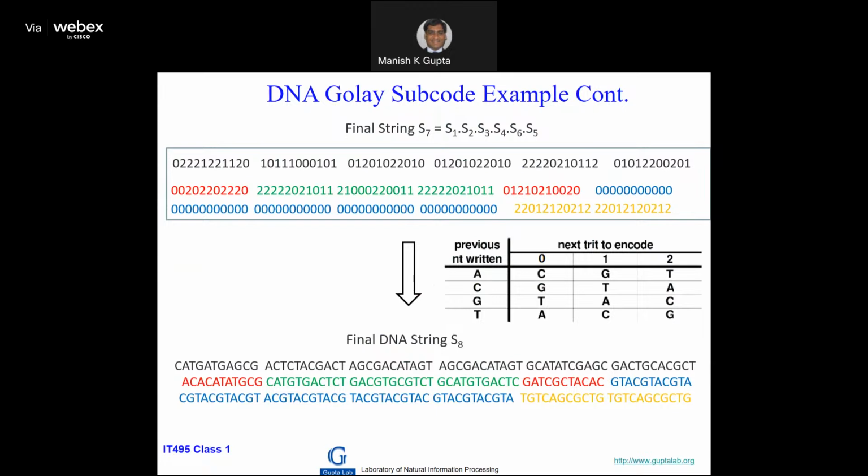Suppose the previously written nucleotide is A. So 0 will go into C. Then the next one is 2. The previously written nucleotide is C, so 2 with C will give you A. So here it becomes A. Like that, you can keep on continuing. This is the conversion which can convert a ternary string into ACGT.